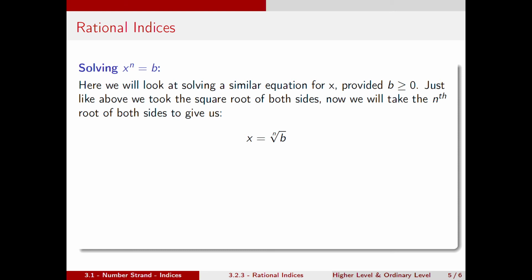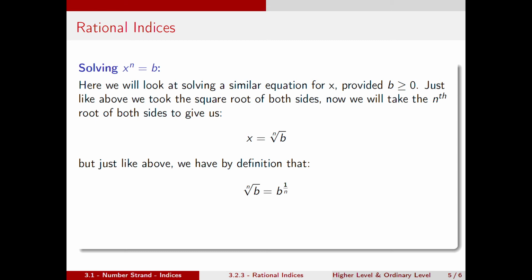And the reason we took b greater than or equal to 0 is that if we didn't do that, for certain values of n we would end up in the complex world, which is not what we're looking at the moment. So just like above, we also have the definition that the nth root of b can be expressed as b to the power of 1 over n.